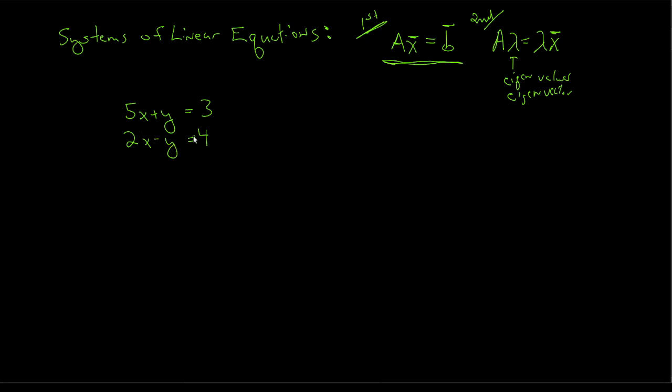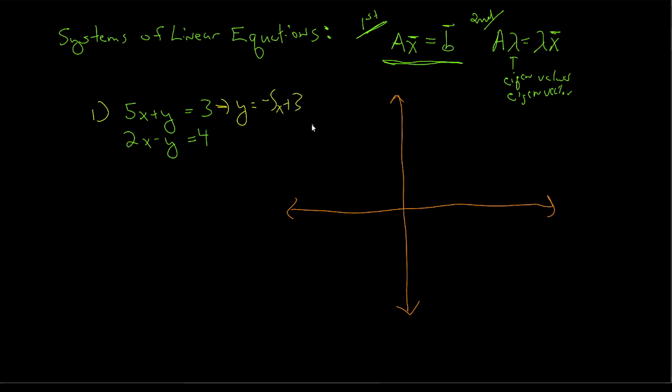So let's look at this system visually. The first equation, number 1, if I change that to a linear form, it's going to have an intercept at 3, and at 3/5.